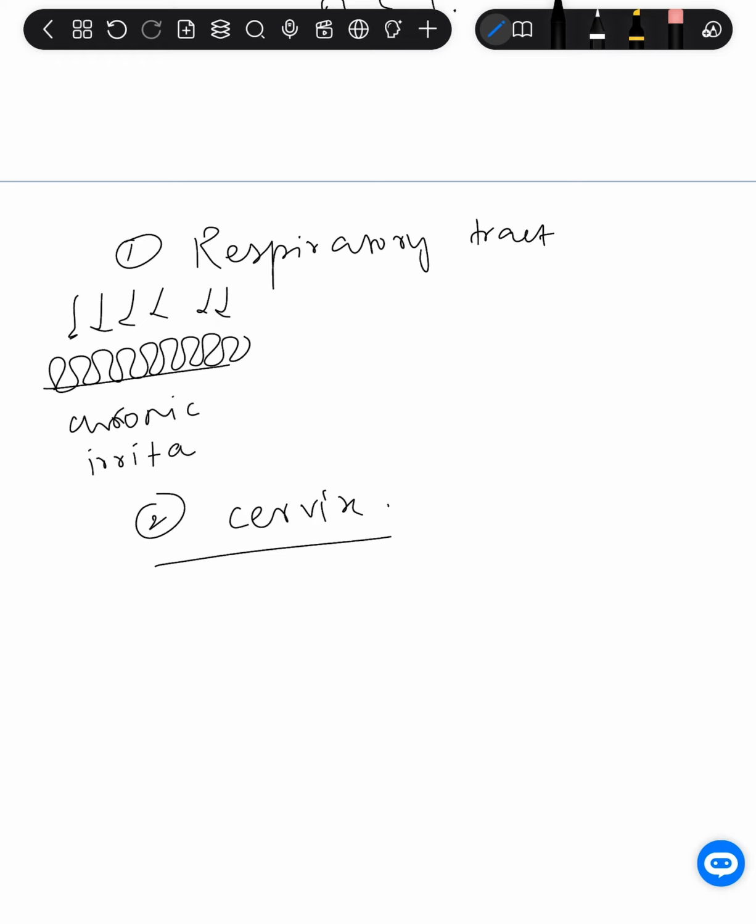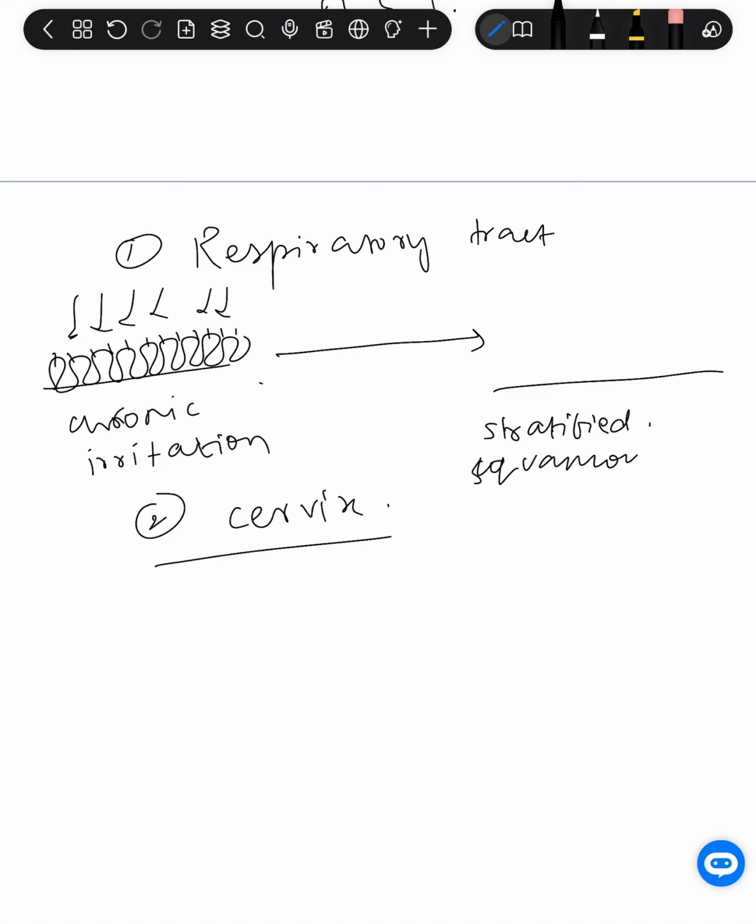In that chronic irritation, this ciliated columnar epithelium changes into, tell me one thing, if it's a single layer and getting irritated for a long time, it will preferably change into something with more layers. More layers, in medicine, we call stratified. So it changes into stratified squamous epithelium.